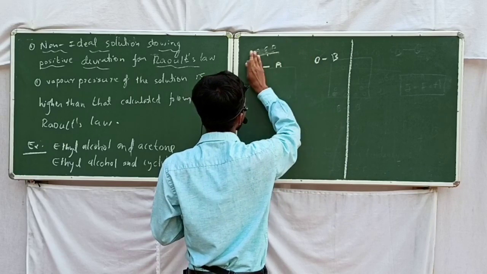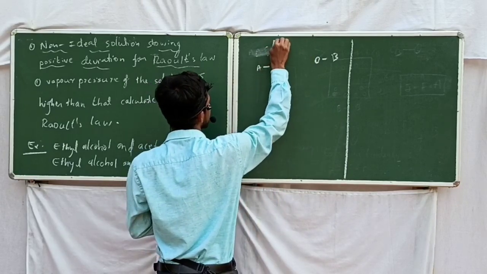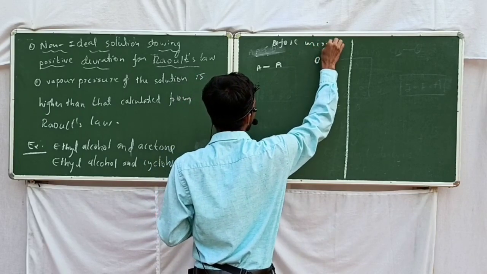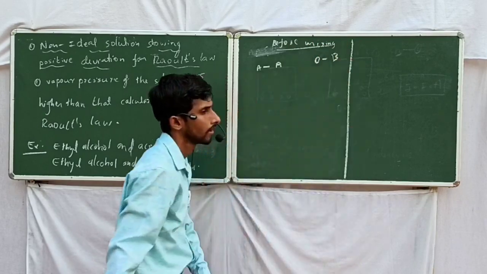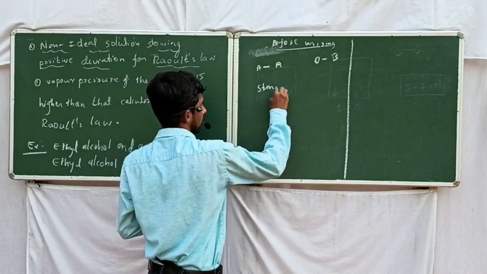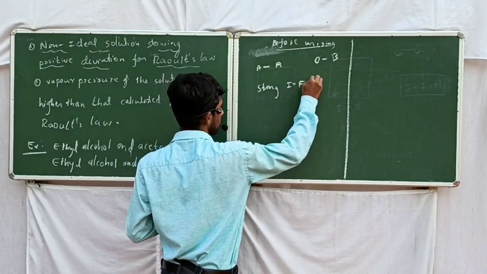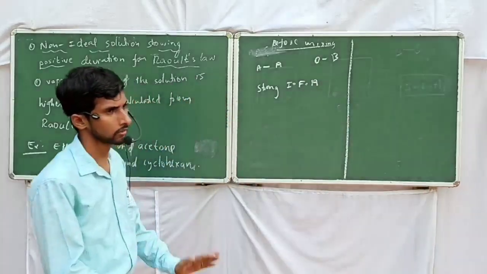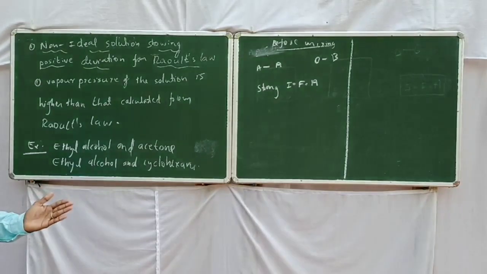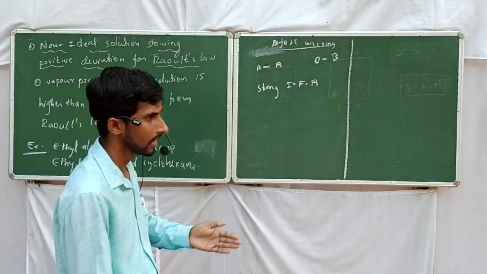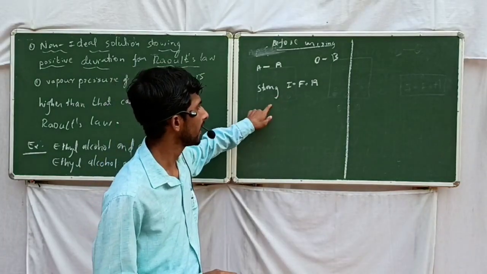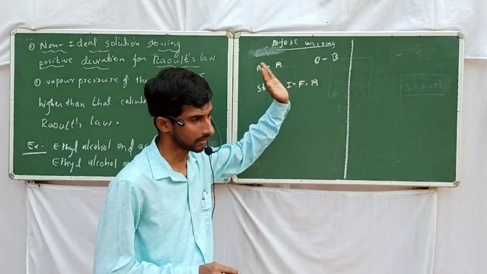Before mixing, we have strong intermolecular forces of attraction. Just assume, in the case of non-ideal solutions showing positive deviation, the components before mixing have very strong intermolecular forces of attraction.